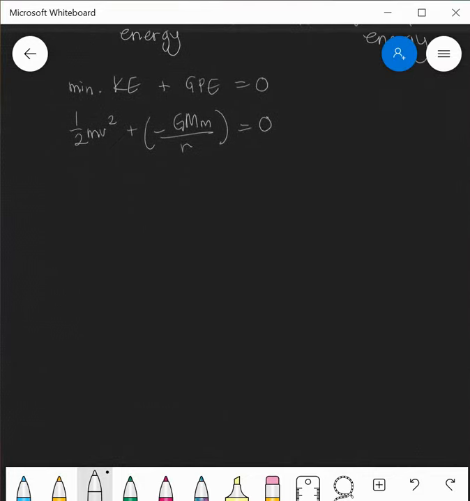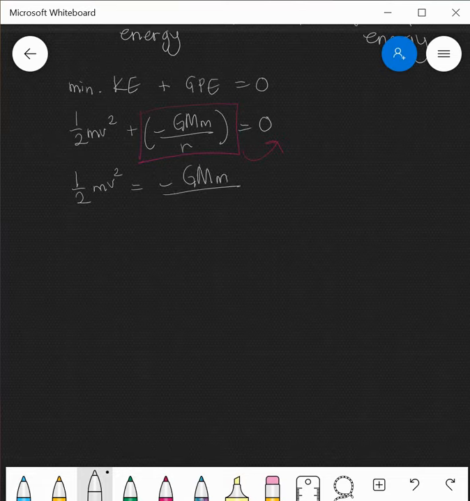Okay, so you need to bring this term to the right. So kita akan dapat minus GMm over r. Okay, so now there are factors that you can cancel. Kita boleh nampak m kat sini kita boleh cancel. Now I want you to bring 2 to the right.